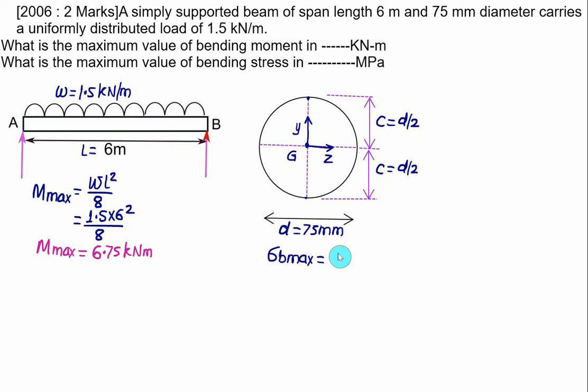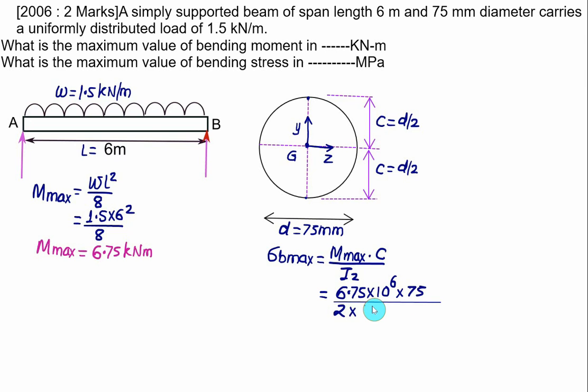So maximum bending stress is given as the maximum value of bending moment multiplied by C divided by I, that is I Z. In this case, the maximum bending moment is 6.75 into 10 to the power 6 Newton mm. And the value of C is d by 2, 75 divided by 2.